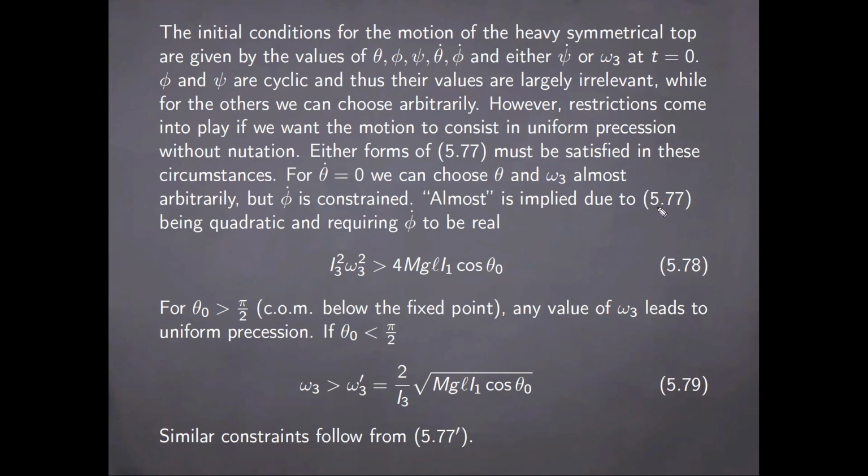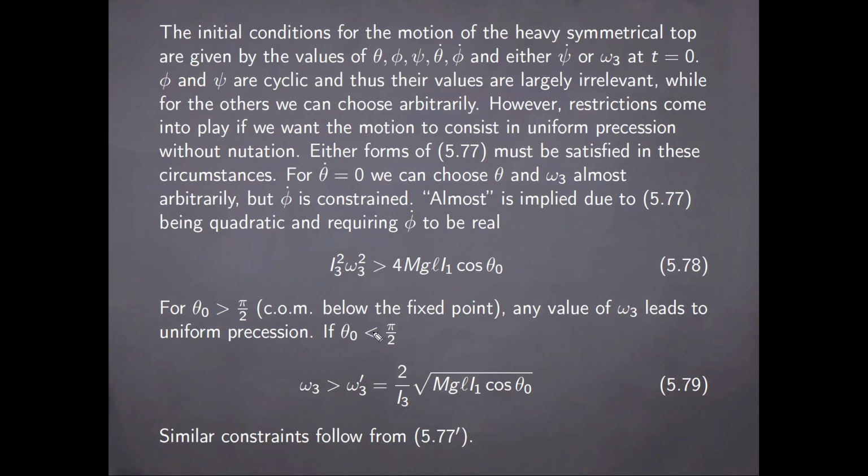The term almost is implied due to the fact that equation 557 is quadratic and it requires the derivative of phi with respect to time to be real. And so that will imply that this condition must hold. Then if theta 0 is greater than pi over 2, so if the center of mass is below the fixed point, any value of omega 3 will lead to a uniform precession according to this result.